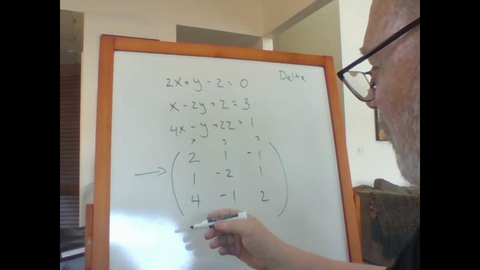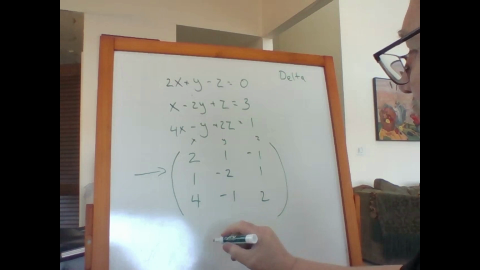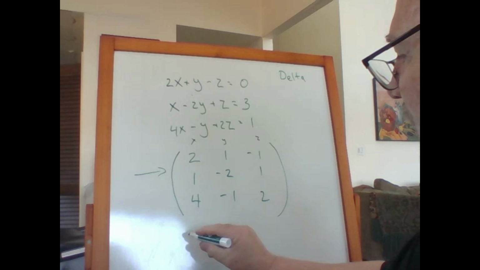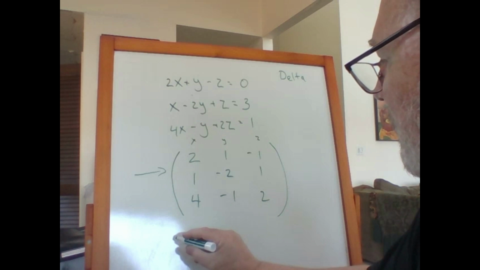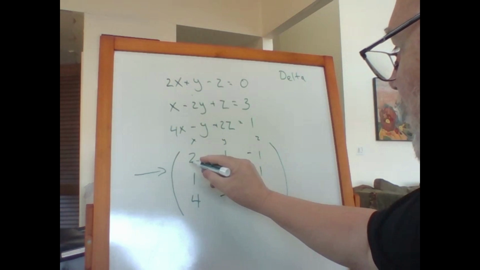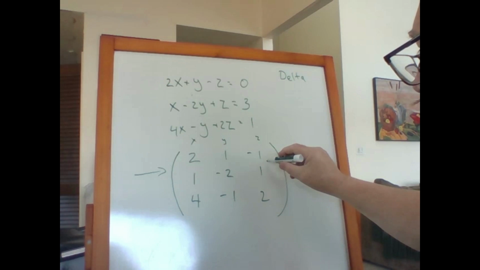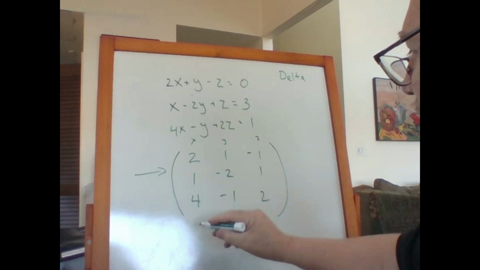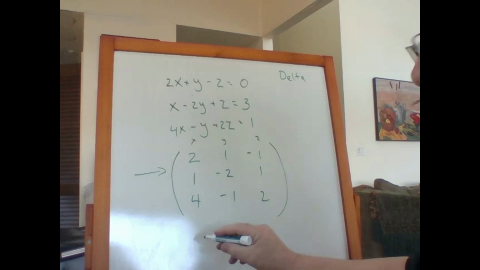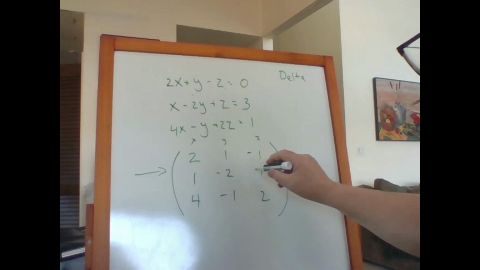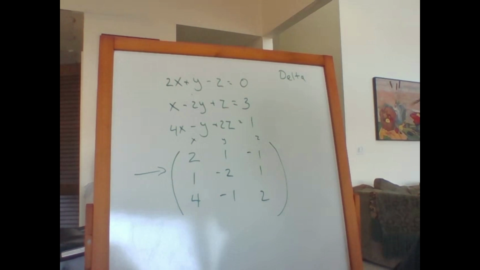So there's an easy way. We have a formula for that, and I'll write the formula down in a minute. But first off, we eliminate these and we find what we call the minors of the determinant.